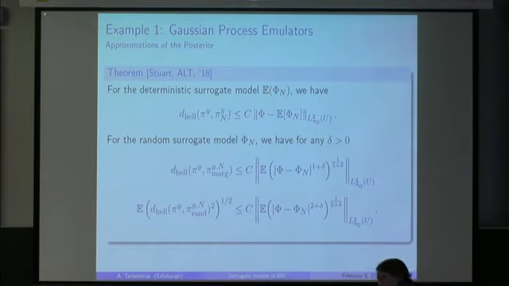Okay, so with the random surrogate, I'm still not sure there's no randomization. When you do random sampling, where's the randomness? I would better talk later. Those are the same expectations.